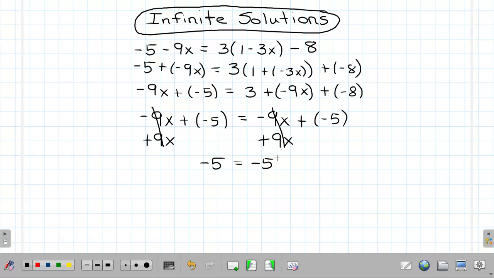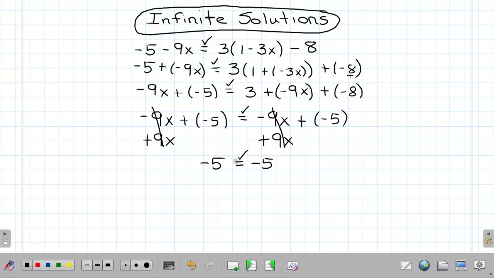And now at this point, you can for sure say that this equation has infinitely many solutions because it is always the case that negative 5 is equal to negative 5. So that is always true, meaning the original equation is always true, meaning that it doesn't matter what you plug in for x, it's always going to be equal.